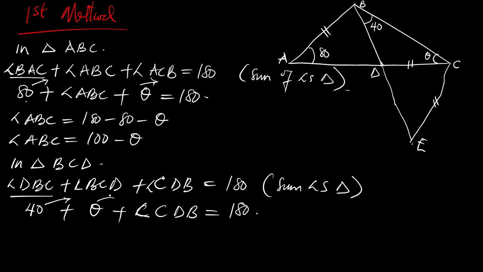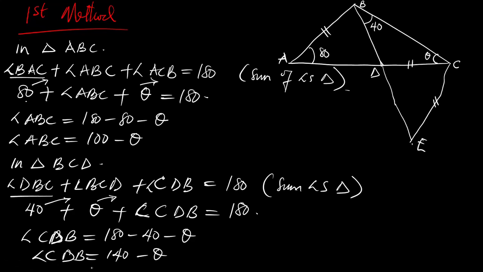Moving this to the right hand side, you now have angle CDB equal to 180 minus 40 minus theta, which is equal to 140 minus theta. So angle CDB is 140 minus theta.